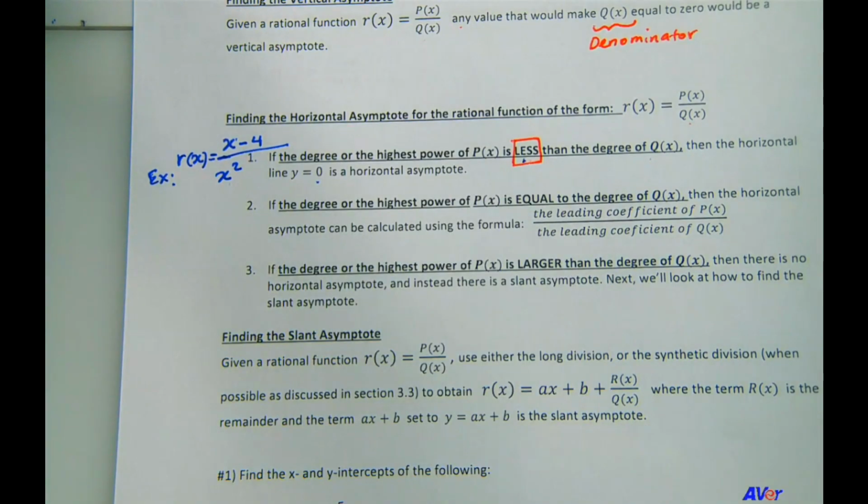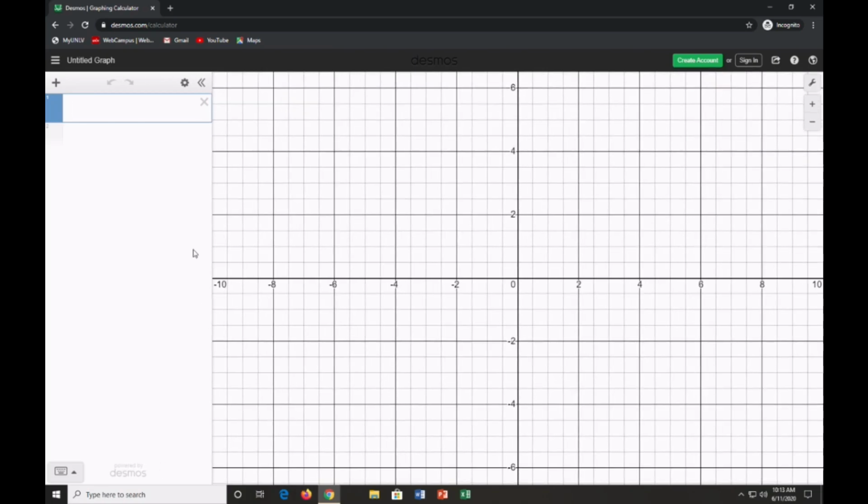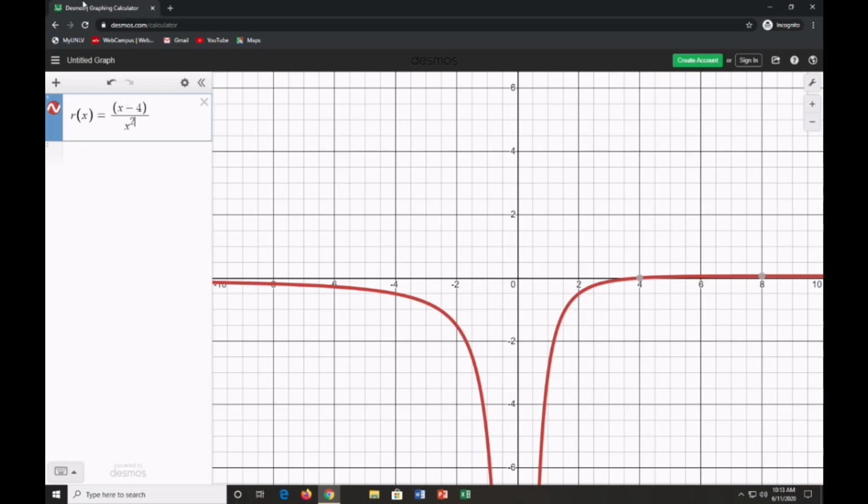Let's show a graph of this. So I'm going to go to the computer and graph this for us to see exactly how that works. So here we have r of x equals, what did we say? x minus 4 divided by x squared, right?